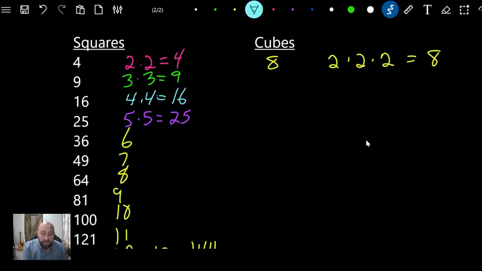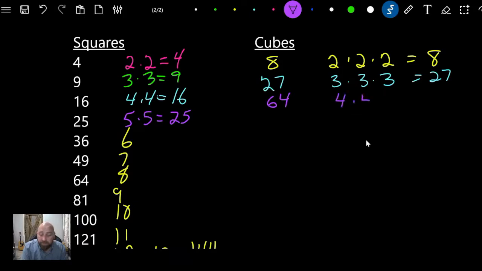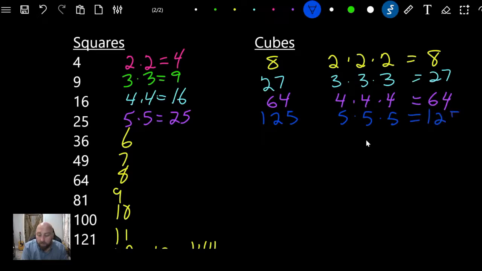The next cube that we're going to want to know is 27, because 3 times 3 times 3 equals 27. The next cube that we're going to want to know is 64, because notice 4 times 4 times 4 equals 64. The next one that you'll need to know is 125, because 5 times 5 times 5 equals 125.